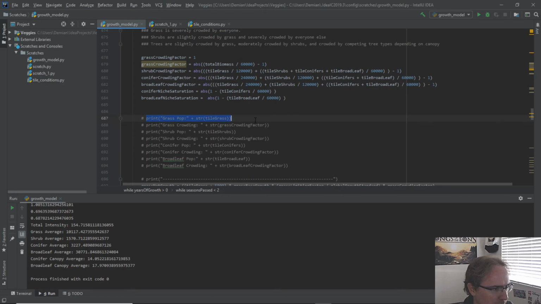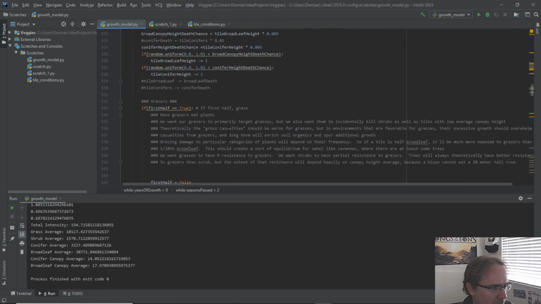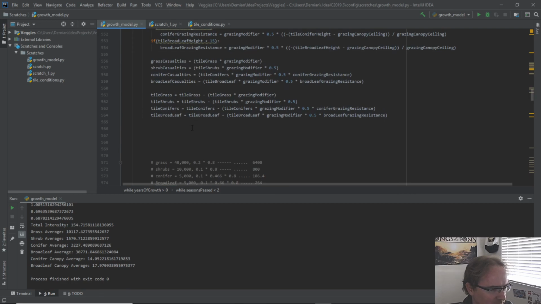I think what's happening here is the trees are growing tall enough that they can't be influenced, and so the grazers are just killing off all of the tree's competitors, which is something that I thought could happen.